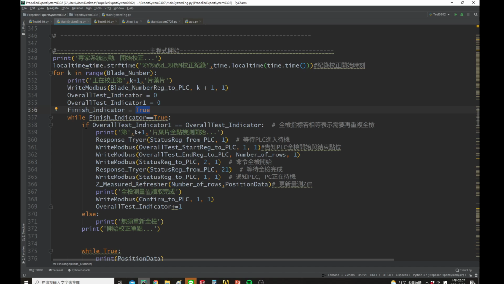Got it. So the small loop works on the point, and the bigger loop works on the blade. Am I correct? Yes, good.